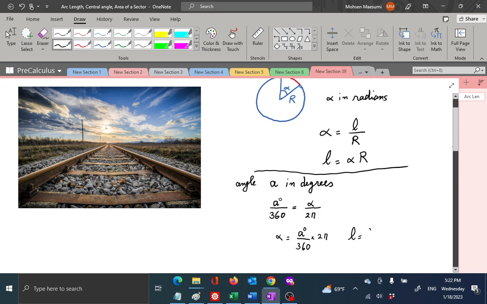So angle divided by 360, that's a fraction of the circle, and then you multiply that by 2 pi r. 2 pi r is of course the circumference of the circle, and you multiply by the fraction of a circle, and then you have your length. So here we have two formulas to think about.